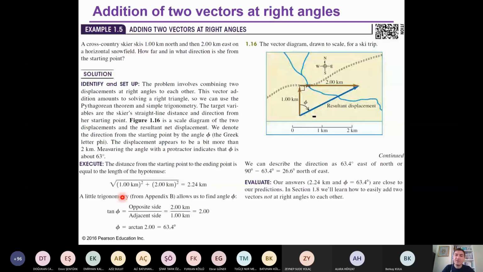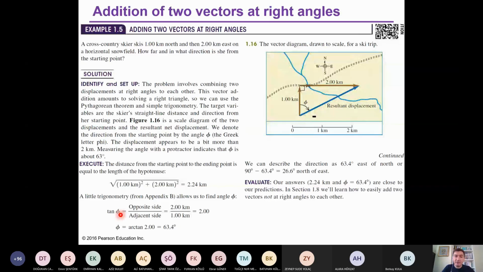So what about the angle phi? I mean the direction of this displacement vector. You can calculate tangent phi. Phi is here. Tangent phi can be calculated as opposite side over adjacent side. Okay, so look at the calculation. I am using the units.